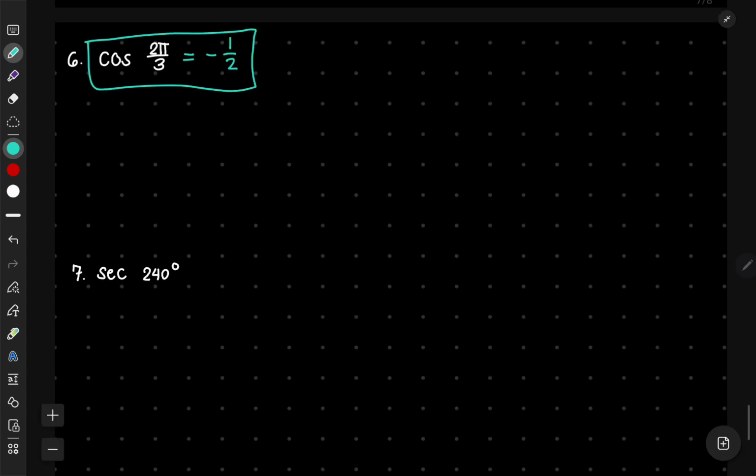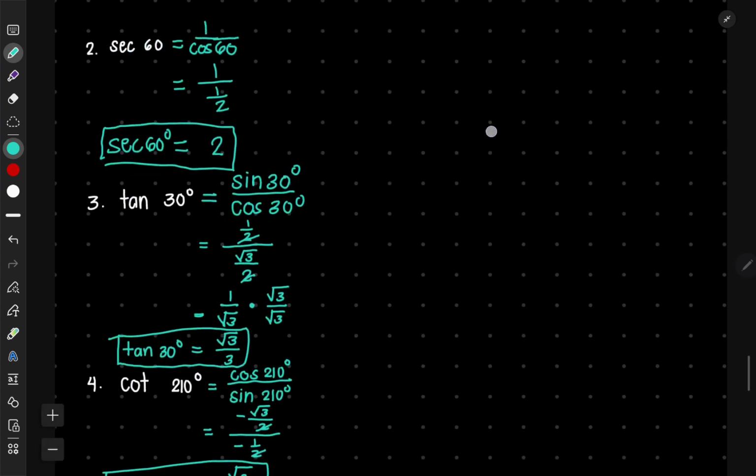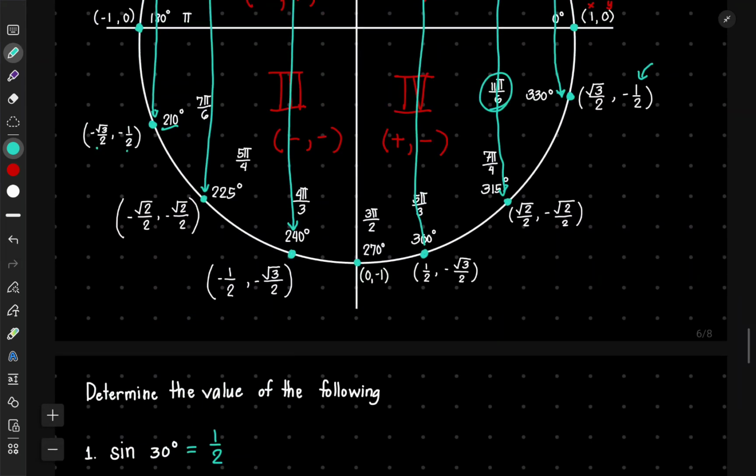And our last example would be secant 240 degrees. And we know that secant is 1 over cosine 240 degrees. And in our unit circle, for our 240 degrees, its cosine would be negative 1/2.